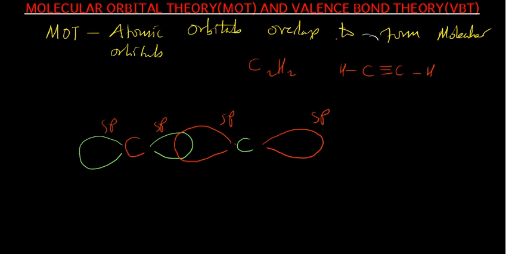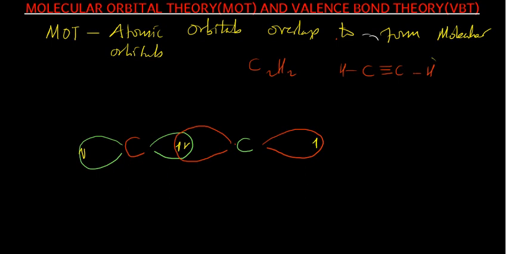Now notice just from seeing here, the first bond is formed between sp and sp from each carbon. Okay, so let's take note of that. Remember, each of these orbitals has one electron in it. So we have one electron here, one electron here, and another electron from the other carbon, and then there is another electron.